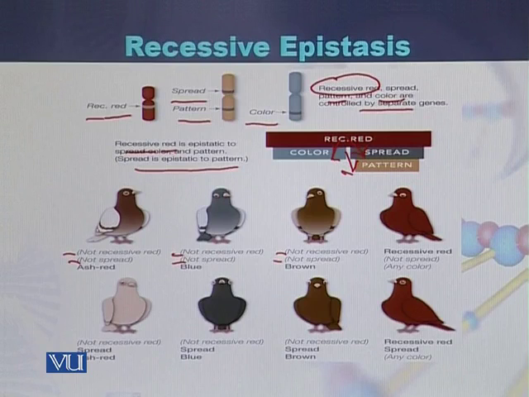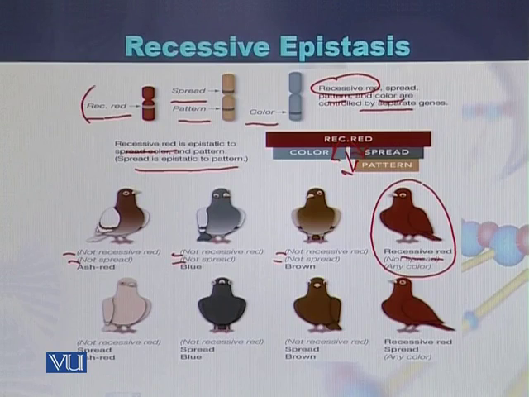But if there is recessive red, like in the case of this pigeon, here we can see a recessive red, which is a gene present on this chromosome. If there is a recessive red, then the color of the pigeon will be different from the other three pigeons.